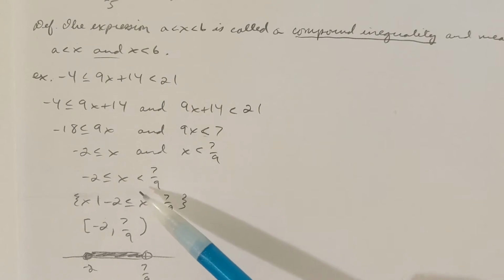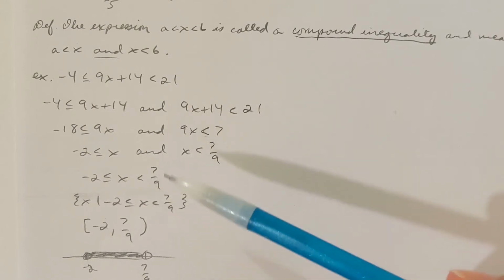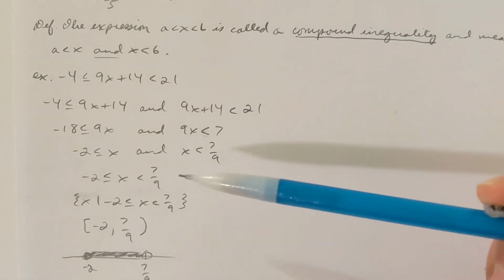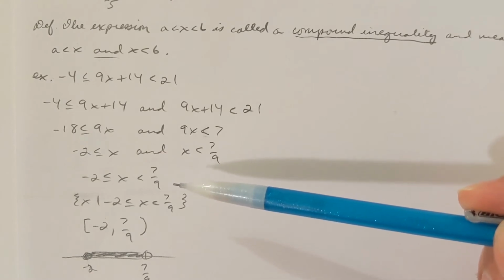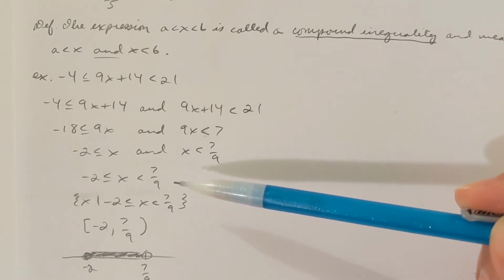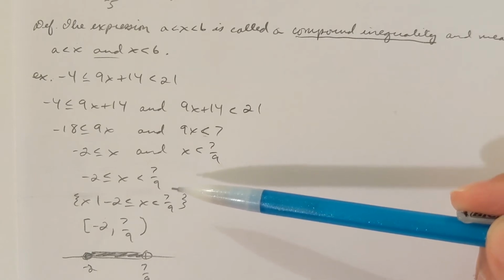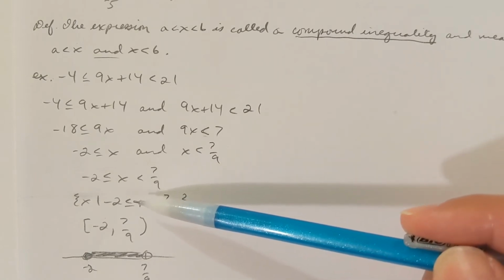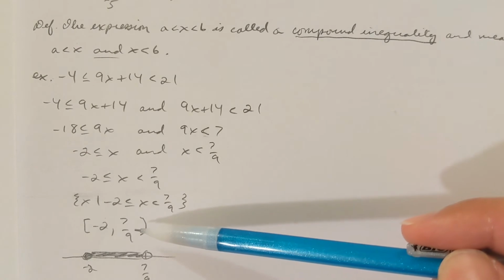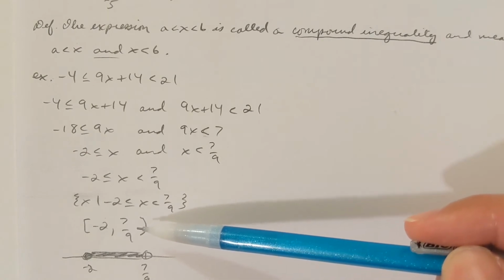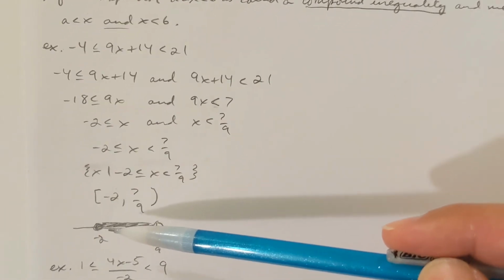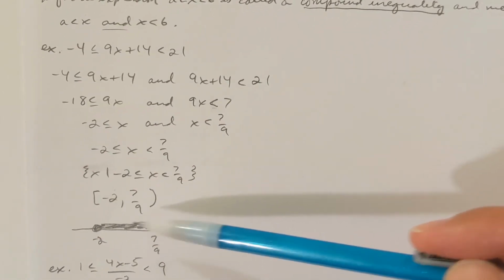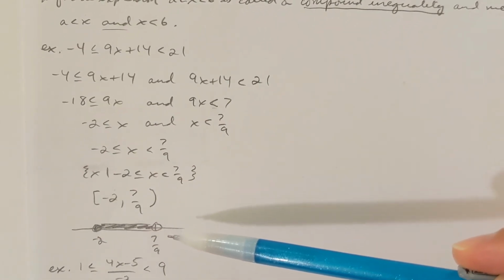Okay, and I'm going to put this back together as a compound form. x is greater than or equal to -2 and less than 7/9. So since x is greater than or equal to -2, I'm including -2. I'm not including 7/9, so I'd want to make sure I've got a closed circle there at -2 and an open at 7/9.